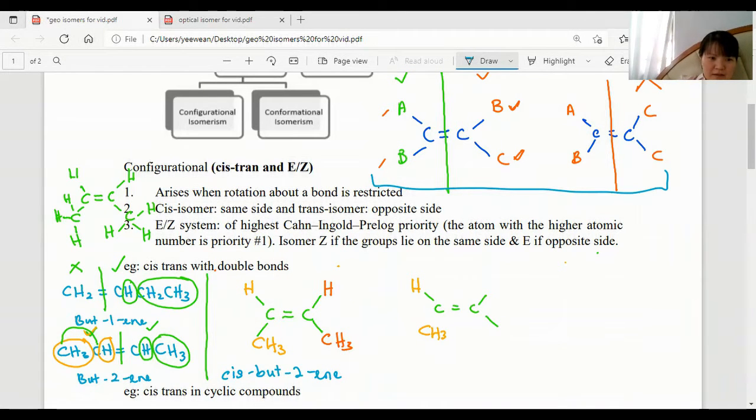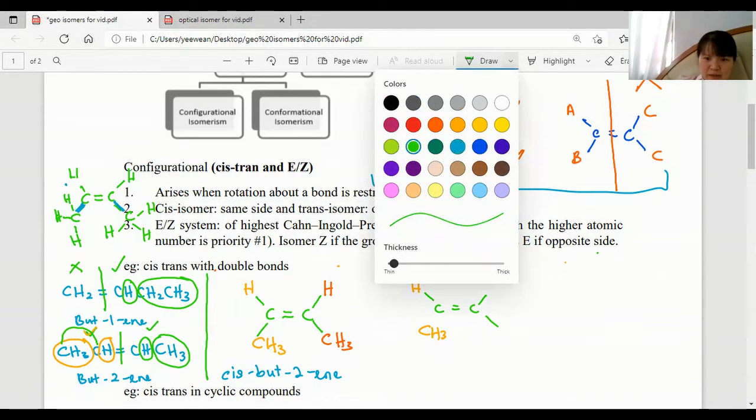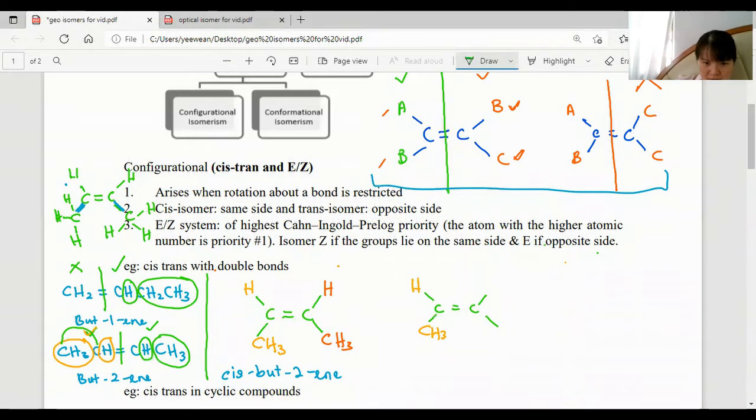So it's a C to a CH3 here. Do you see that the carbon is connected to the carbon here and the carbon is connected to the carbon here, which means I'd like you to be a little bit specific and connect this to the carbon and not the H.